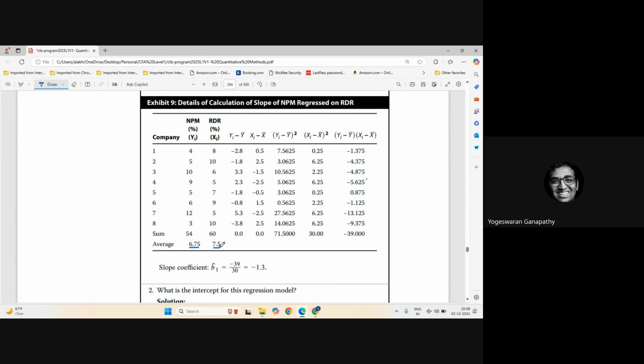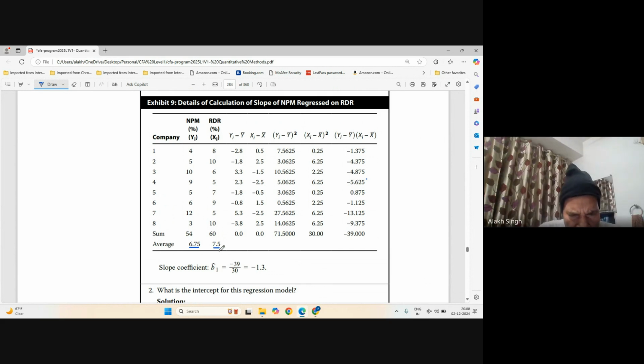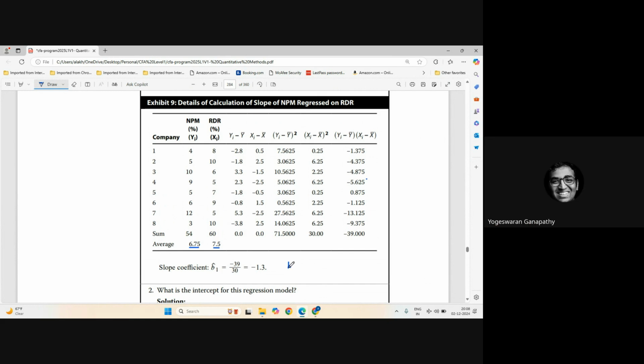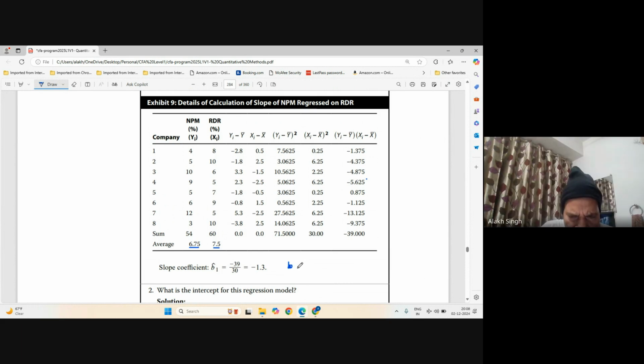So 7.5 minus 6.75, but you need to multiply by this beta as well, no? Beta 0 is equal to Y bar minus B1 X bar. Yes, that's what you will have to do.